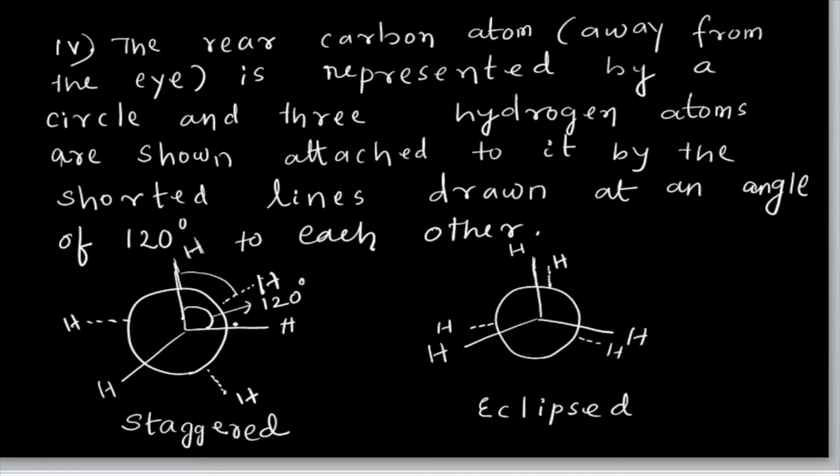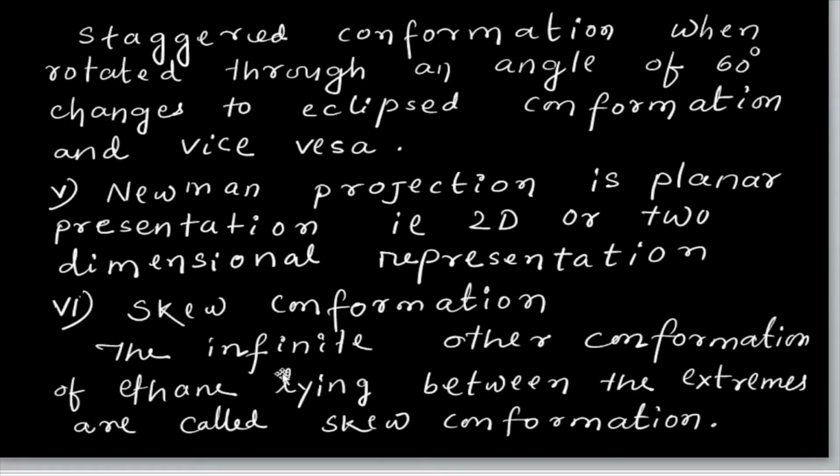So this is the Newman projection, where the angle between one hydrogen and another is 120. Staggered conformation is rotated through an angle of 60. That means staggered form is 60 because they are far from each other, but in eclipsed form that is not 60, they are close.